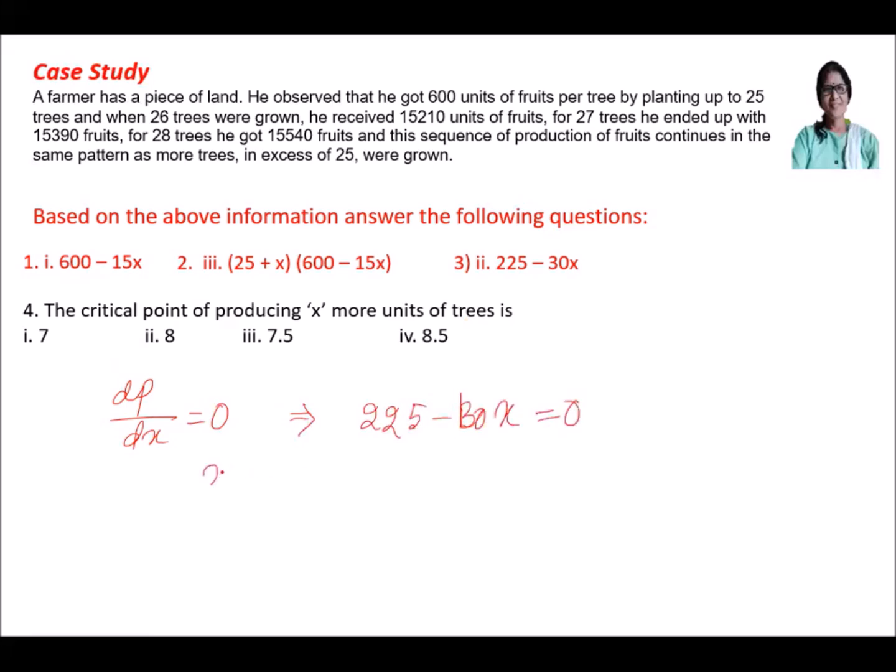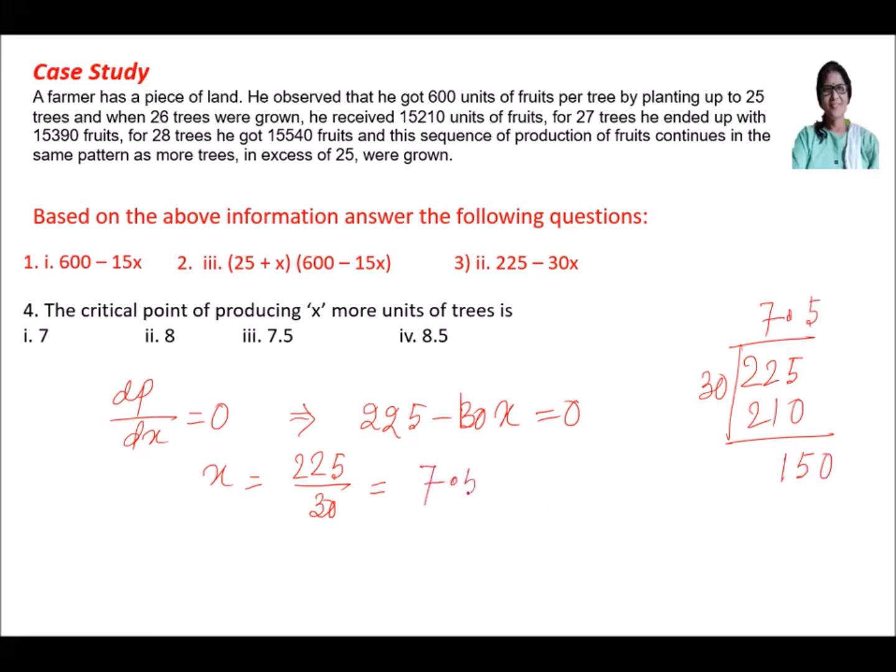So x is equal to 225 divided by 30. It will be 7.5. So 7.5 is the answer.